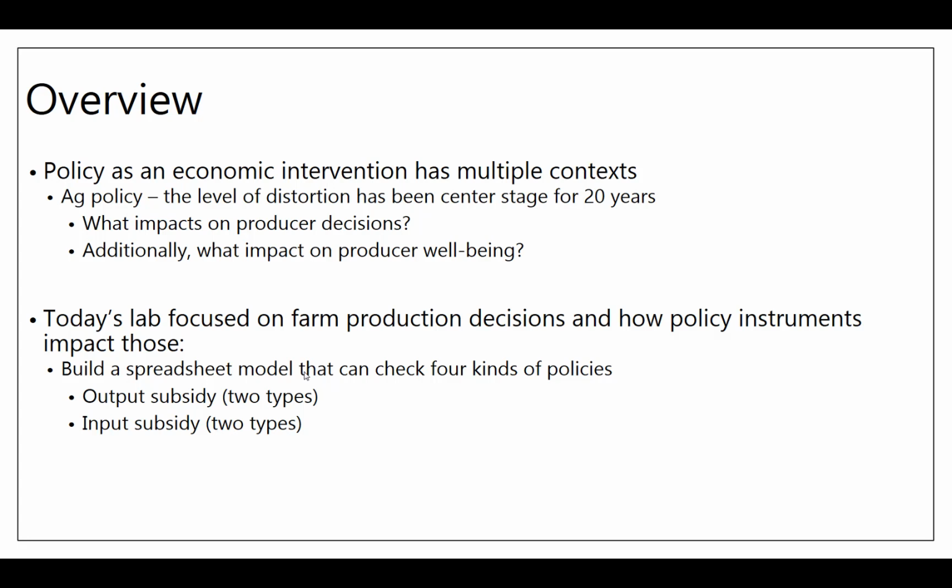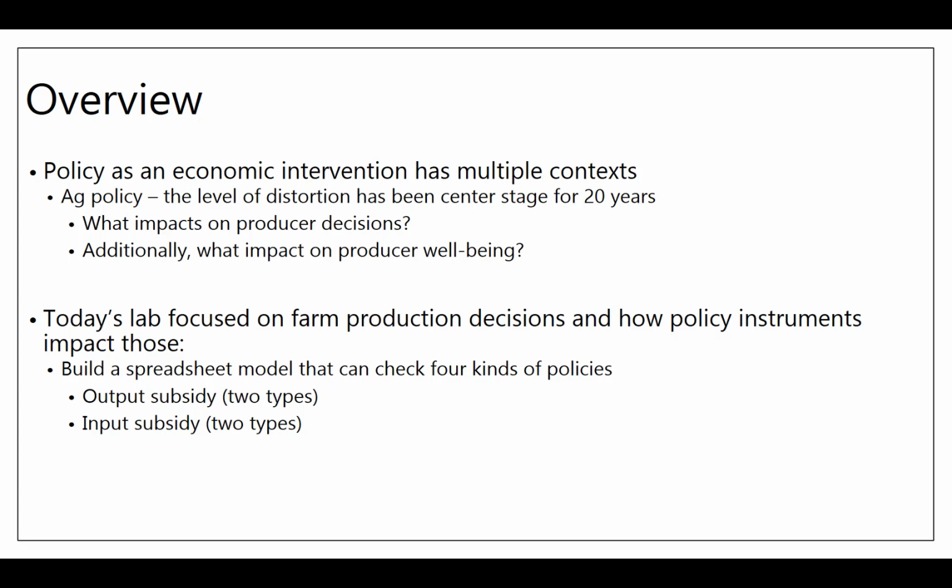When you think about ag policy, one of the dominant themes, if you read Knudsen chapter 7, or at least just look at the parts that I've tried to talk about in the past week, the level of distortion has been center stage. How much influence do the policies or the subsidy programs have on what producers decide?